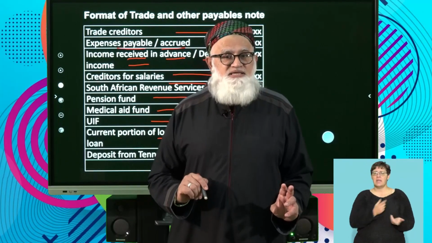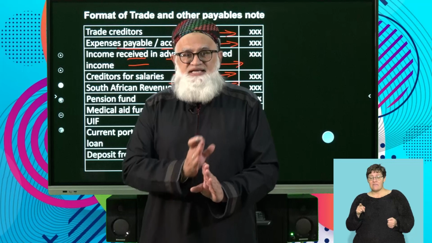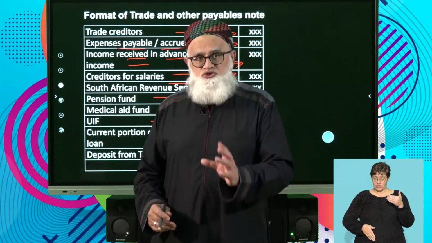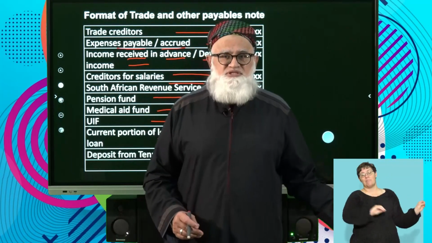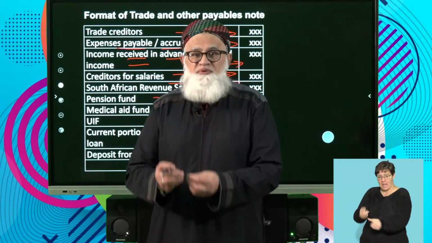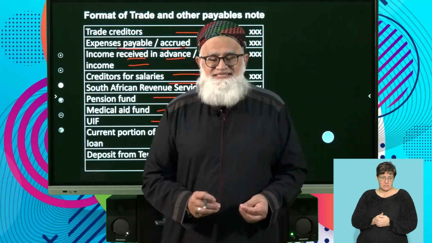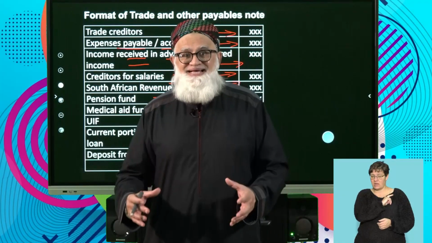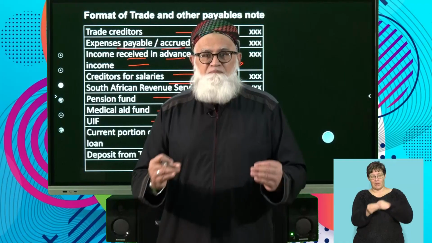Why is it a liability? Because if the tenant's lease expires and the tenant now says, okay, I'm moving to another premises or I've bought my own premises, that deposit will have to be repaid to the tenant, and therefore it appears under trade and other payables.